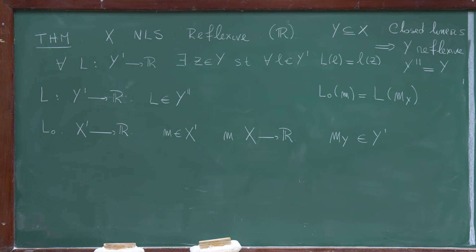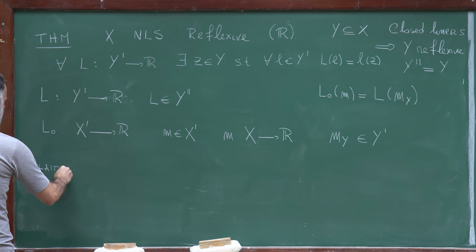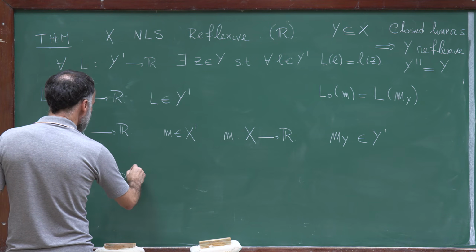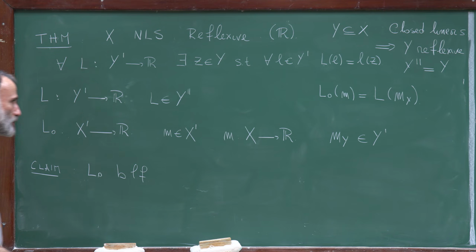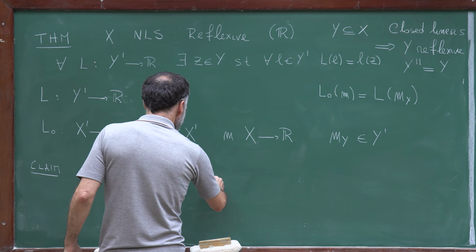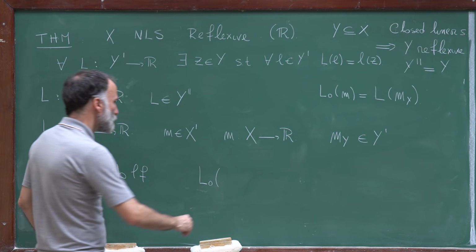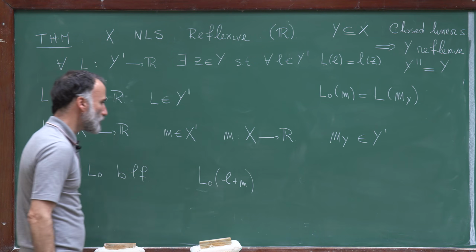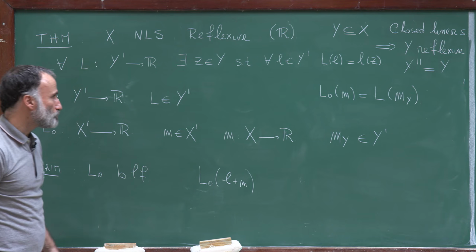So this is my definition of L0, and my first claim is that L0 is a bounded linear function. So I need to show that it's linear. Well, let me just show that it is linear with respect to addition. So let's consider L0 of l plus m.